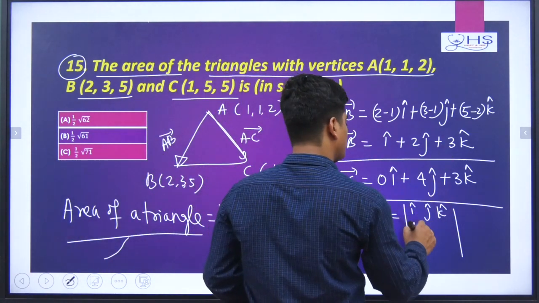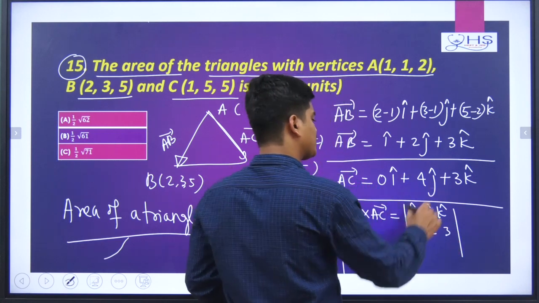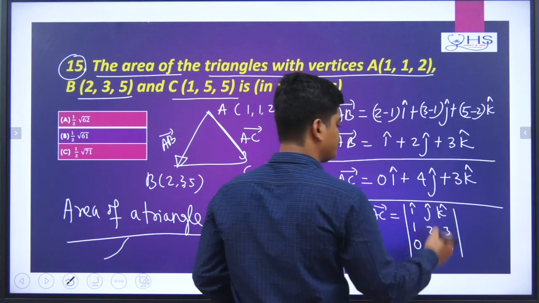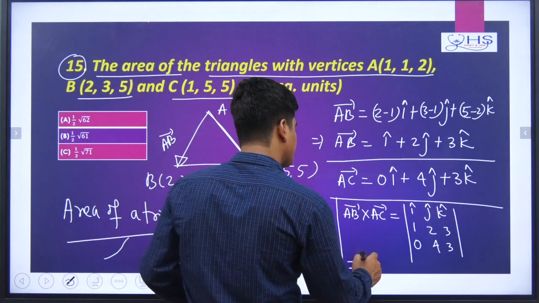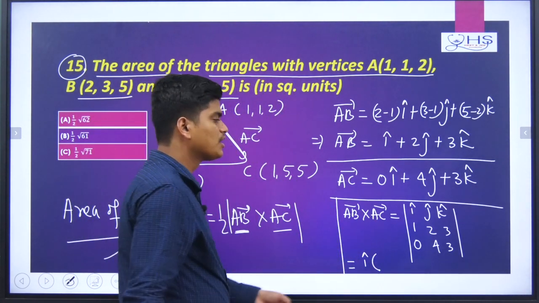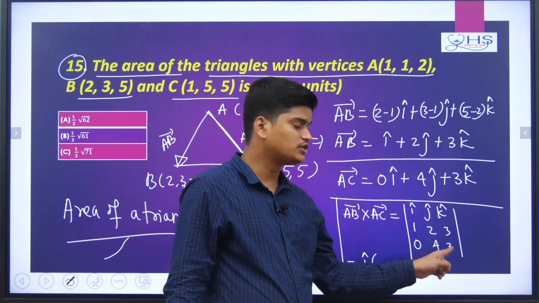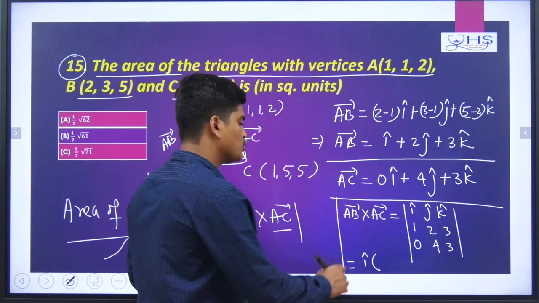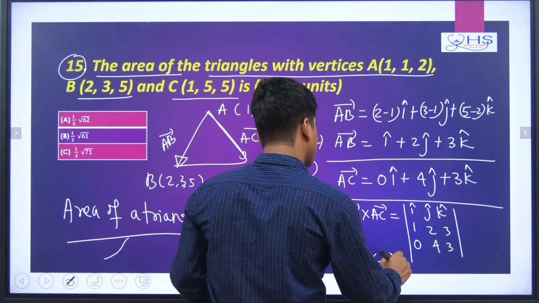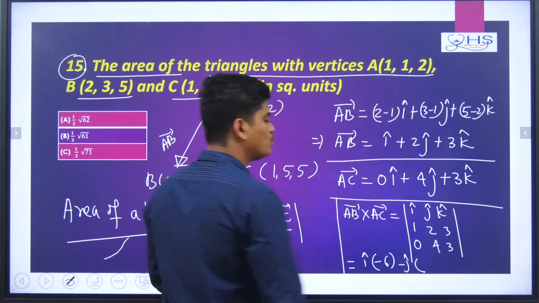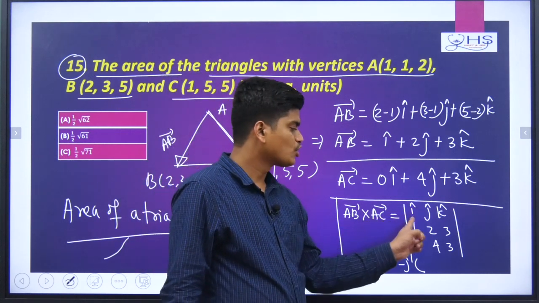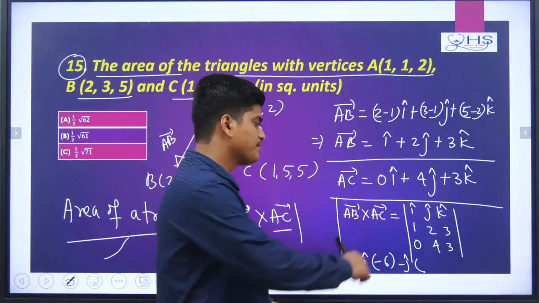AB vector coefficients 1, 2, 3. AC vector coefficients 0, 4, 3. Now find how much this vector is coming. For i cap coefficient, it is 2 into 3, that is 6, minus 12. So it will come minus 6 i cap. Then minus j cap into 1 into 3, that is 3, minus 0.